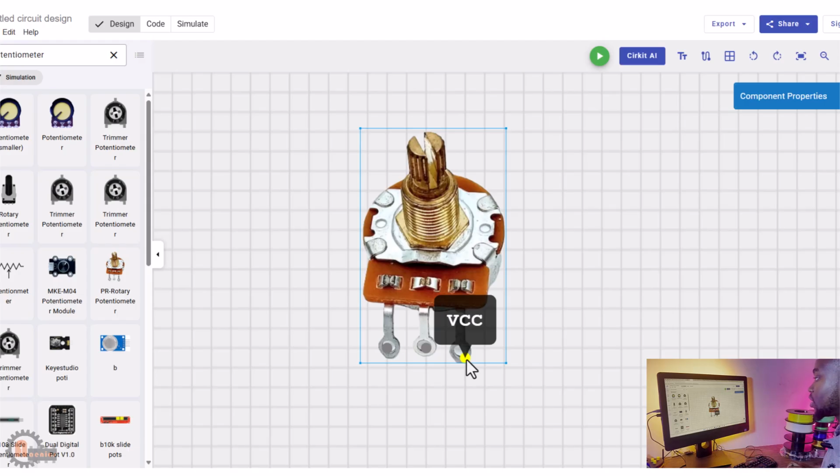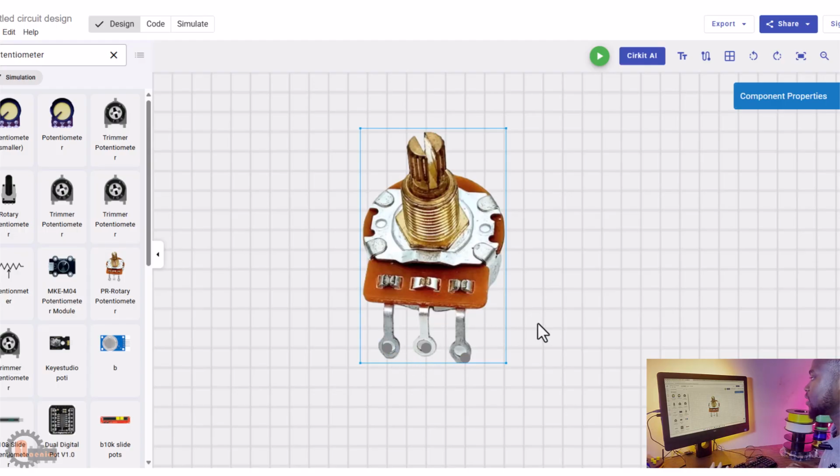I showed us in the previous episodes that ground is the lowest voltage, which is 0, and VCC is the highest voltage in your circuit, the primary voltage you are working with. Since we are going to be using Arduino down the line, and Arduino operates with 5 volts, our VCC is always going to be 5 volts, and our ground is going to be 0 volts.